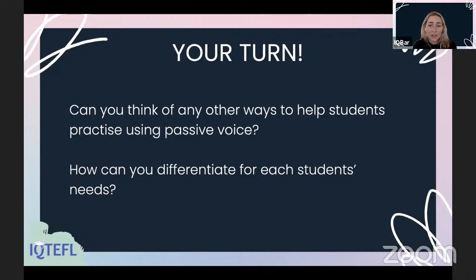So you want to challenge them, but you don't want to over challenge them or under challenge them. It needs to be challenging enough where they are applying what they've learned, and at the end of it, they are able to do it. You never want to break down that confidence level.